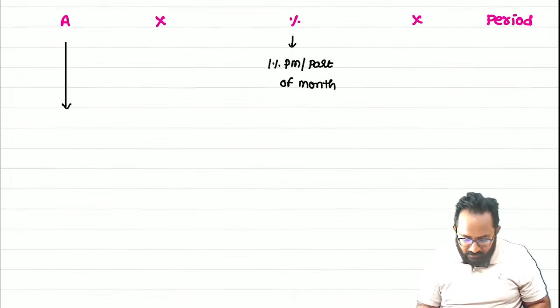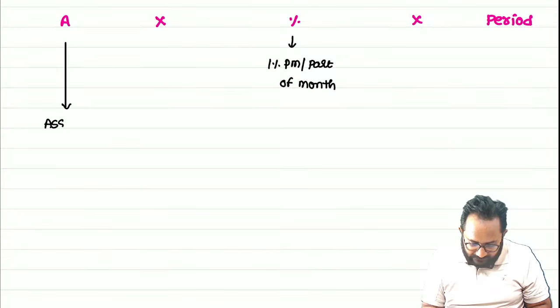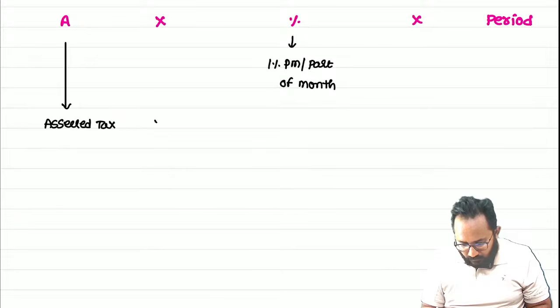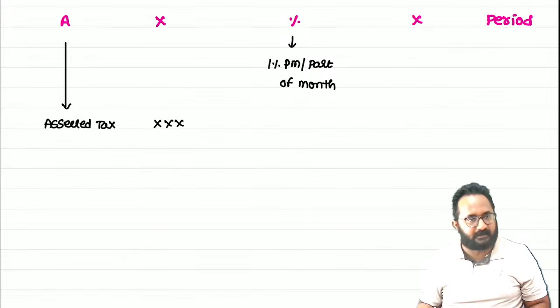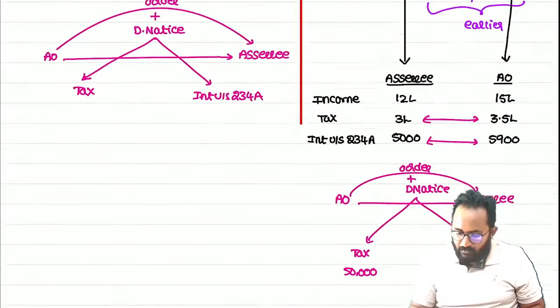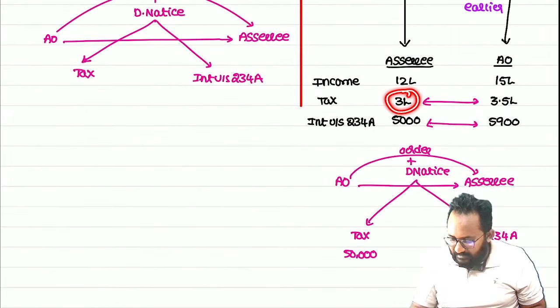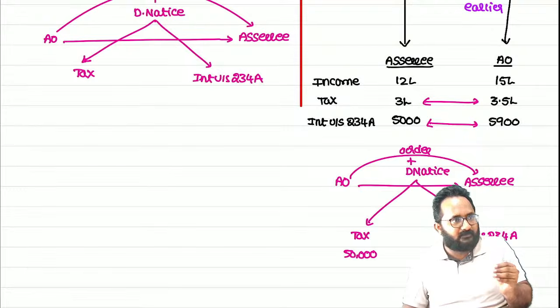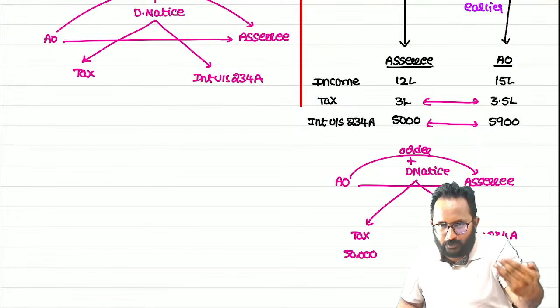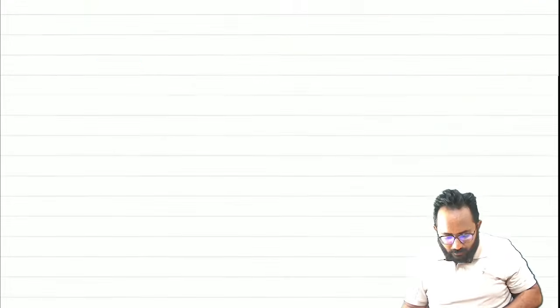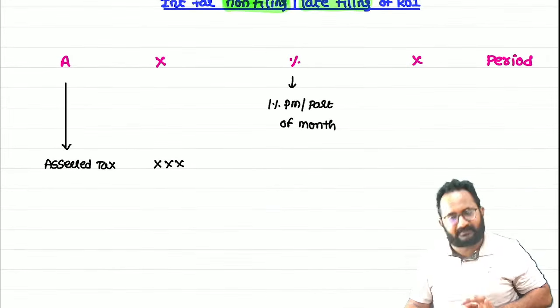So now here take the assessed tax. On the assessed tax only we are going to calculate the interest. Can you tell me what the assessed tax is here? 3 lakh. Here assessed tax is 3.5 lakh. That means whenever SSC computed, this tax is called self-assessed tax.